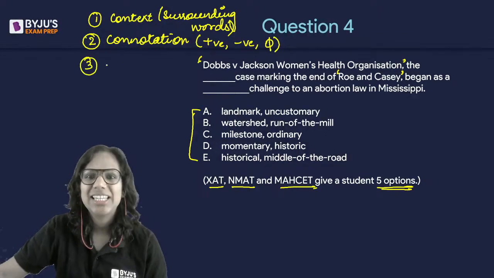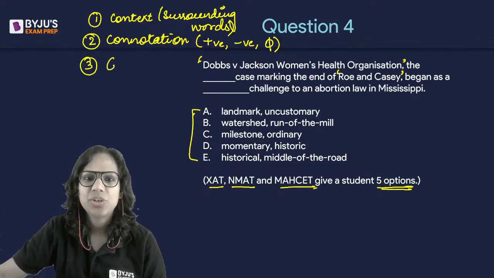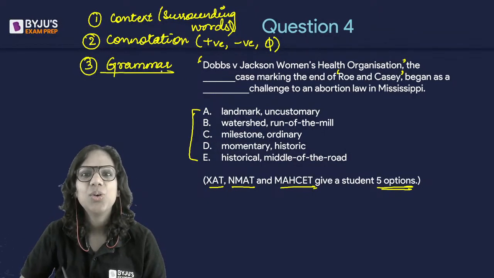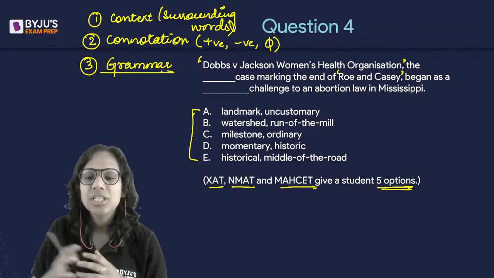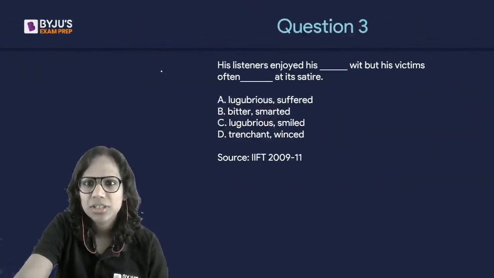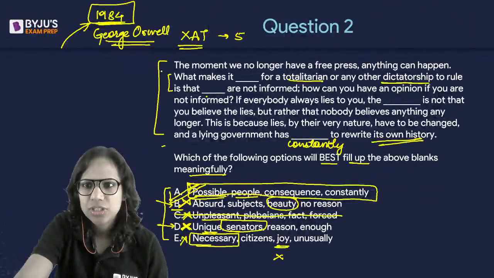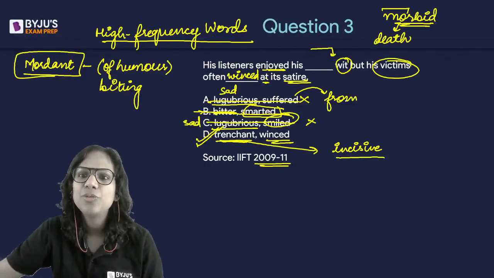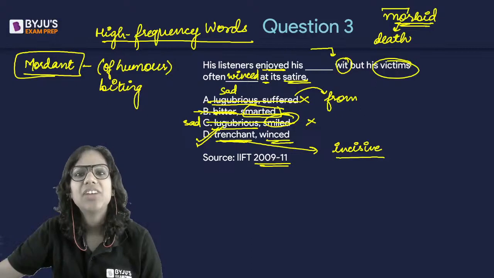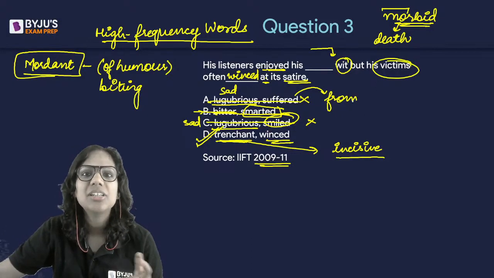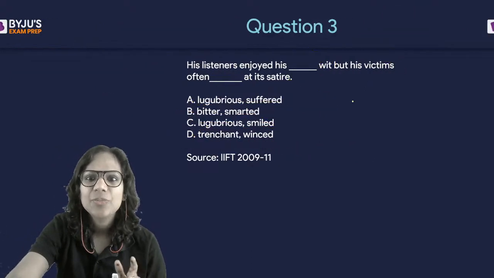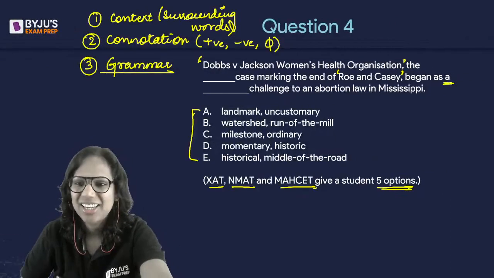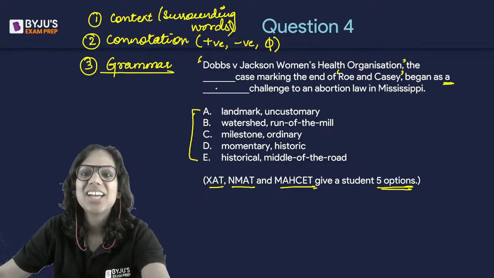The third thing, which is why I have given you this question, that may help you at times, is grammar. In this question, for instance, I told you that suffered is followed by from, not at, so that was anyway eliminated. So I made a grammatical connection there, isn't it? Then here also, what is there? A dash challenge.